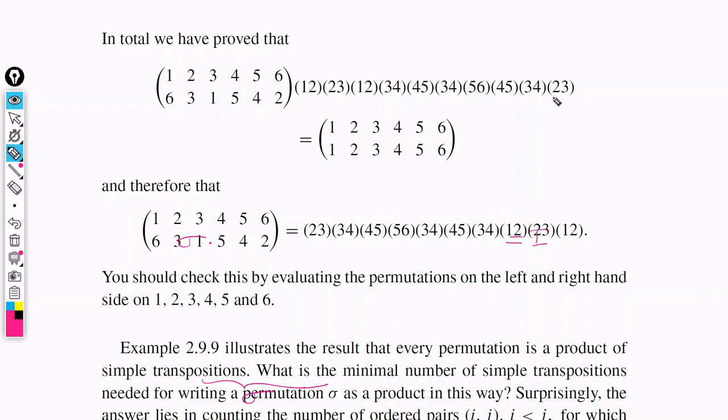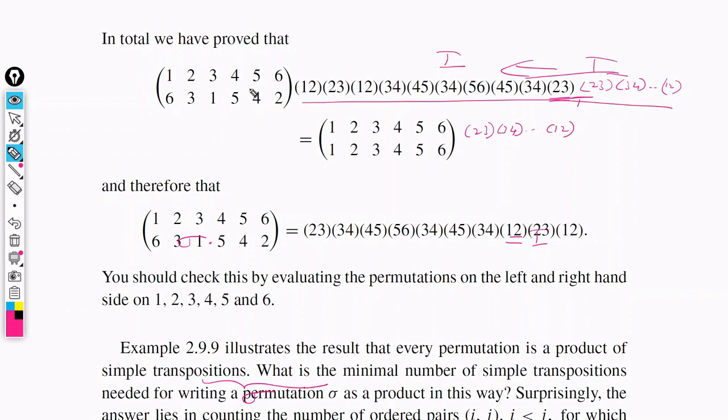And we know that the inverse of a transposition is itself. So you just cross multiply both sides using these transpositions in this order. That means (2 3), then the next one (3 4), then (4 5), etc. The last one is (1 2). Then it is clear that this becomes I. Similarly, these two pairs are I. Ultimately this side is sigma times I, so the left hand side becomes our original permutation sigma.